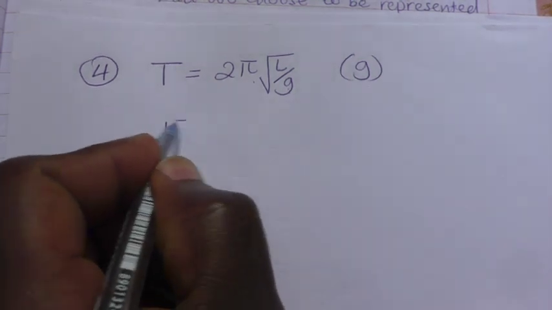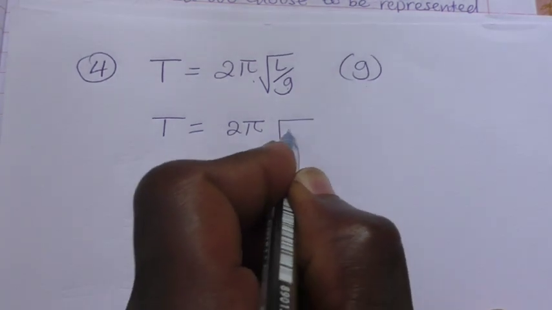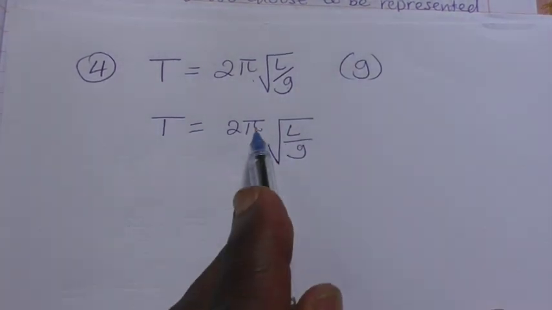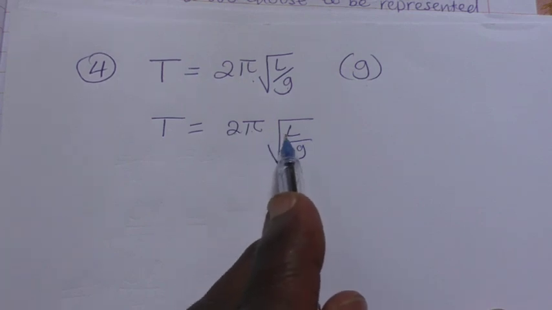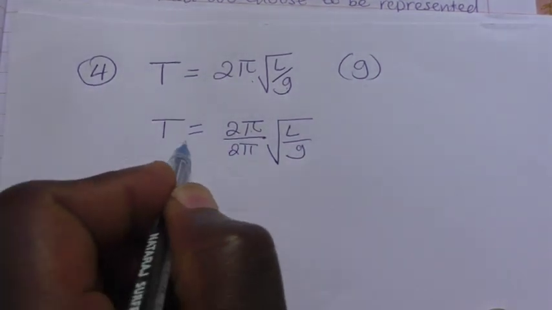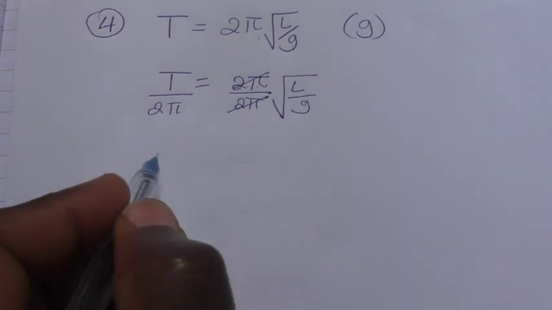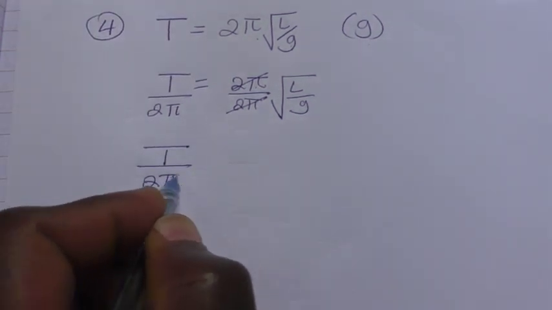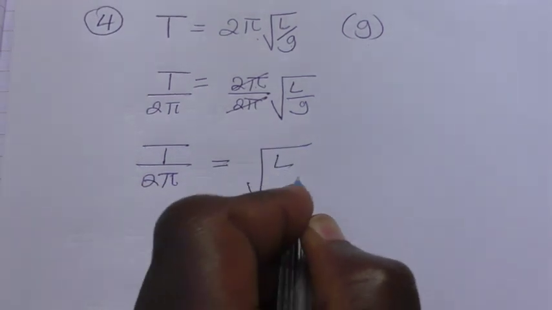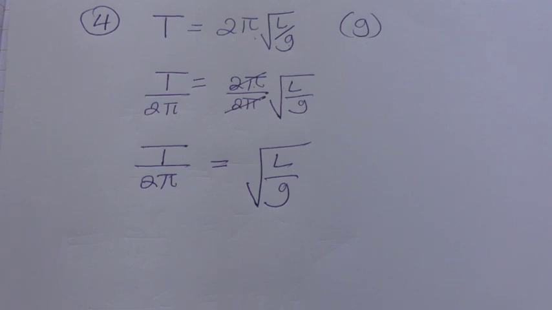So since we have T equaling 2 pi times the square root of L over G, there is multiplication between the 2 pi and the root. Therefore this one can be taken by division. We divide on both sides by 2 pi, so that this one can cancel the other, and that leaves us with T over 2 pi equaling the square root of L over G. So now we are left with what is inside the root.